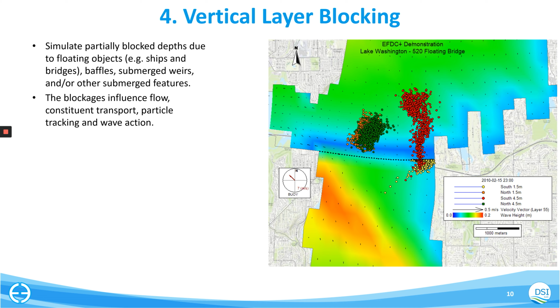So one area can have 55. In this case, this model has 55 layers, 1 meter thick layers throughout the system, except in the deep area, but over here in the shallows, we step up, so it may only be 10 layers in one area and 55 layers in another, etc.